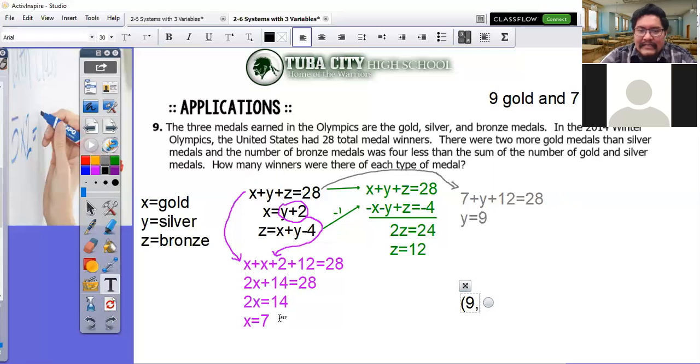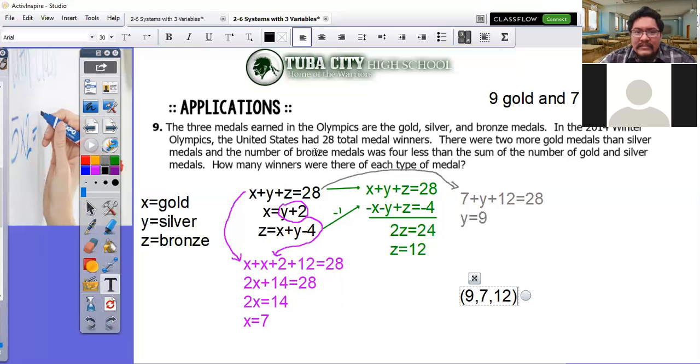But again, I did try a whole different method of doing this. So x and y would be switched. There were 7 silver because there's 2 more gold than silver. And if I add these 3 numbers up, 9, 7, and 12, I get 16 plus 12 was 28. So we still get 28. Yeah, that's right. And also 2 more gold than silver. That works out.